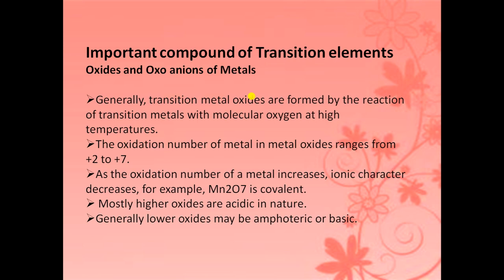When a molecular oxygen reacts with a transition metal, we get transition metal oxides. The oxidation number of such metal oxides ranges from +2 to +7. And as the oxidation number of the metal increases, its ionic character decreases. For example Mn2O7.